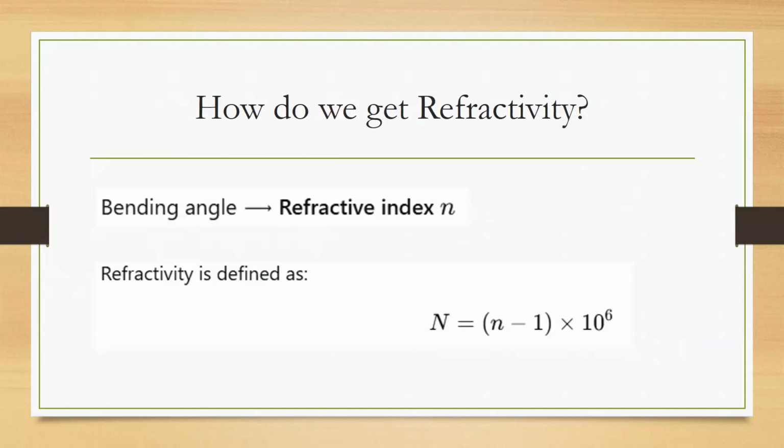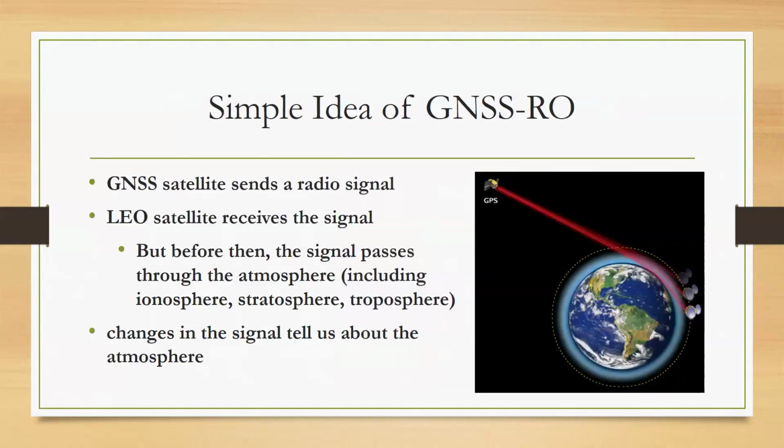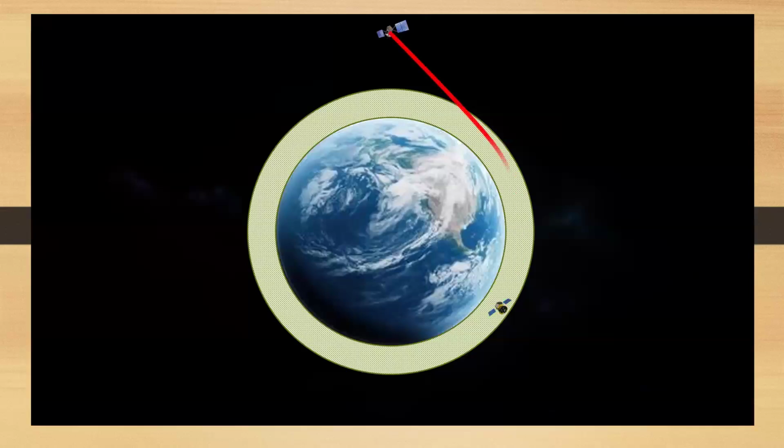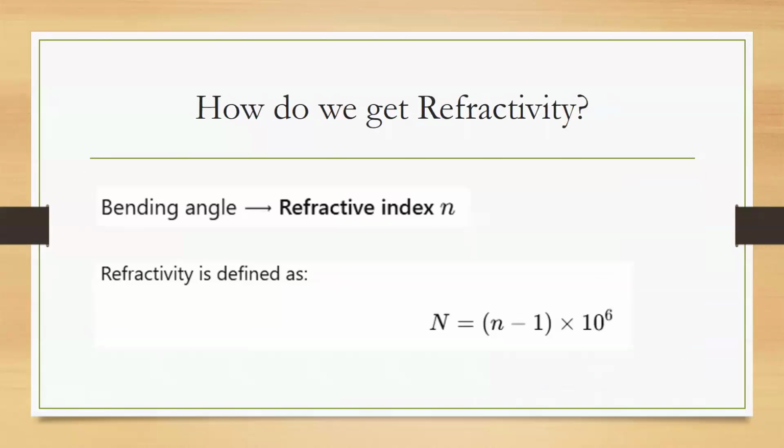So how do we get refractivity? Starting from the bending angle. Looking at this simulation again, if the signal had continued straight without being bent, the angle it makes with the straight line that would have continued versus the one that has bent, that angle, by how much the signal has bent, is what we measure as the bending angle.